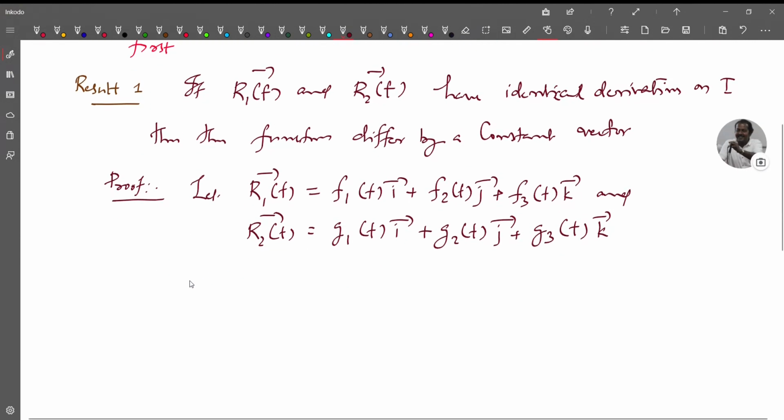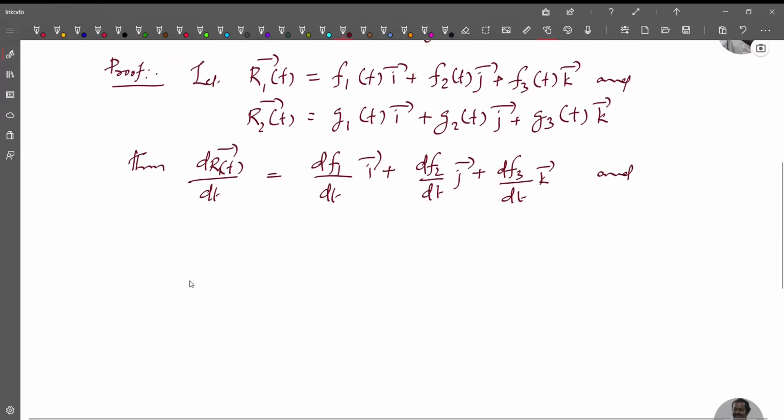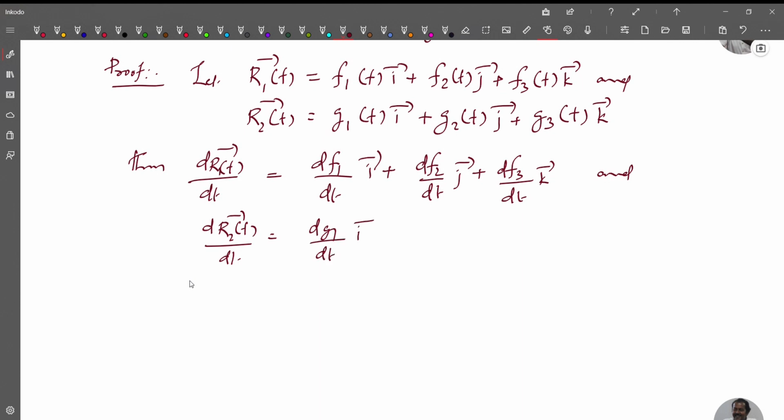Then we have dr1 by dt equal to df1 by dt i plus df2 by dt j plus df3 by dt k, and dr2 of t by dt equal to dg1 by dt i plus dg2 by dt j plus dg3 by dt k.